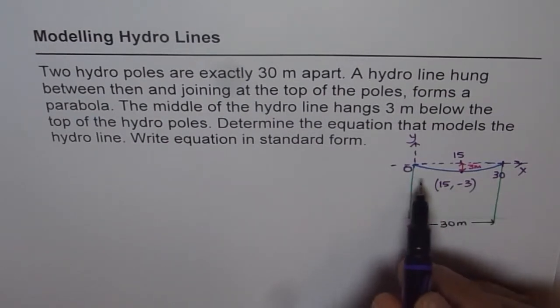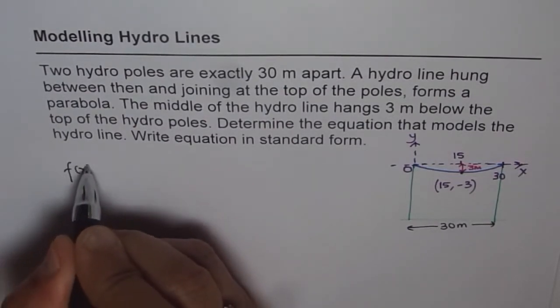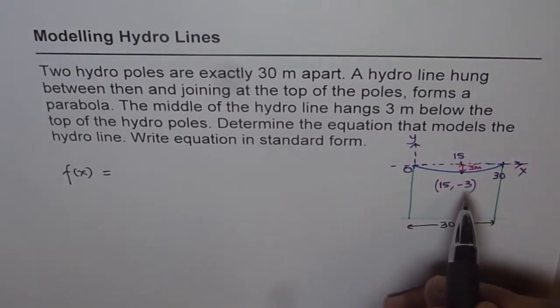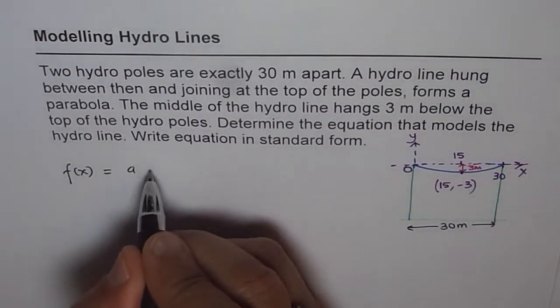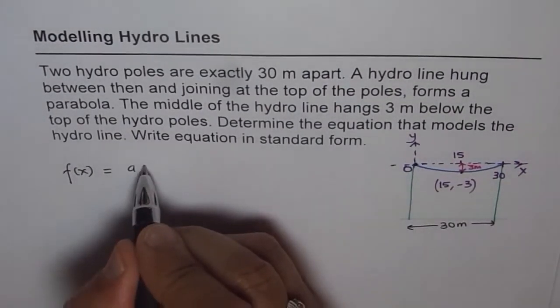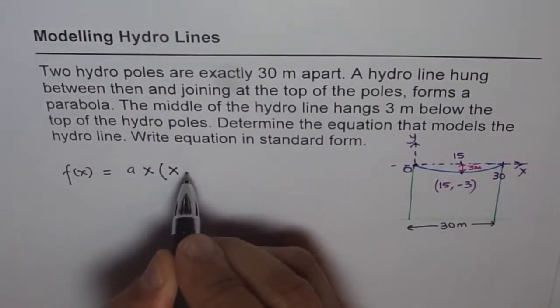So what we can write from here is that the function f of x representing the hydroline should be a times, first x-intercept is at 0 itself, so we can write x times (x minus 30).